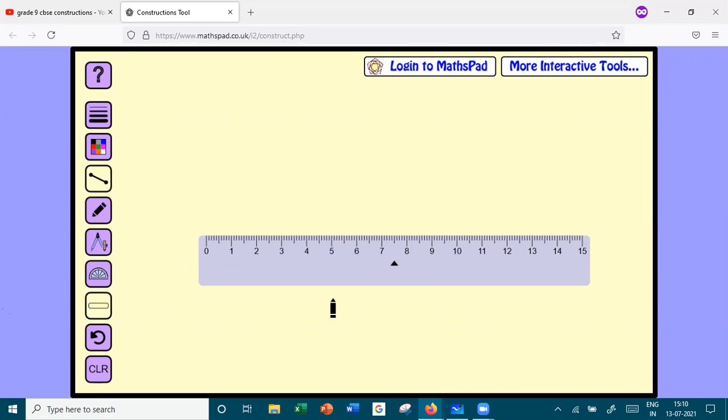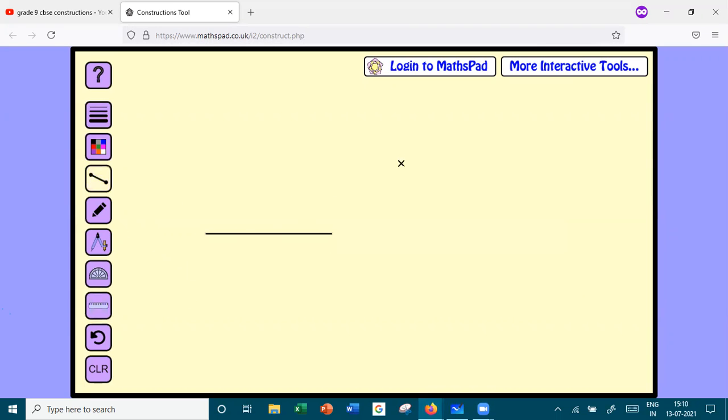You can draw along with me. First we'll just draw a line segment. It can be of any measure, right? Draw a line segment using your pencil and a ruler, and then you can name it, let's say B.